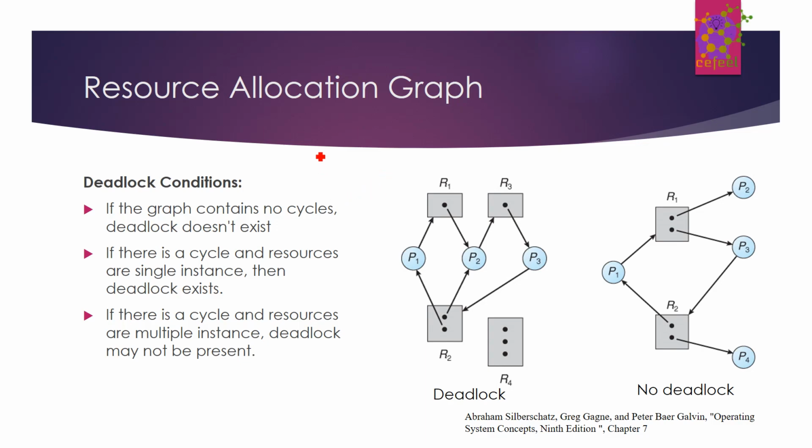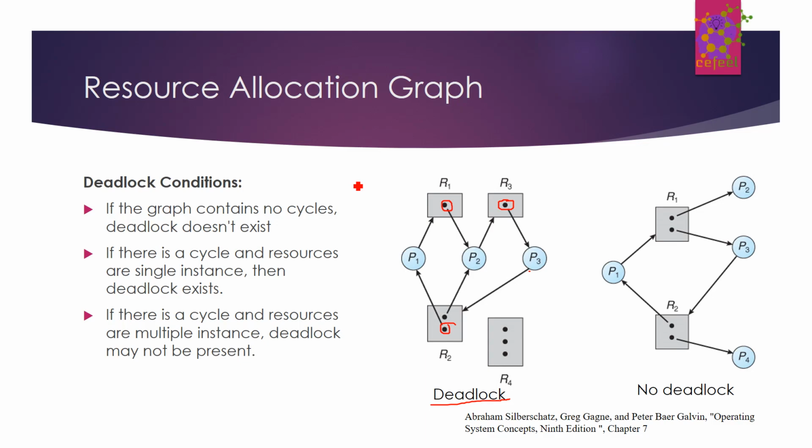So here is an instance. The first example here is where we have a deadlock, and we might see that these are multiple instance type resources. Here we can see that there is a deadlock because R2 is being held by P1 and R1 is held by P2, R3 is held by P3, and each of them is waiting for resources.